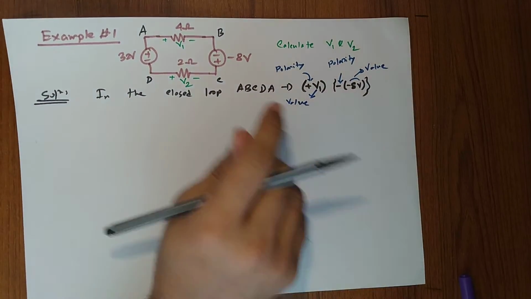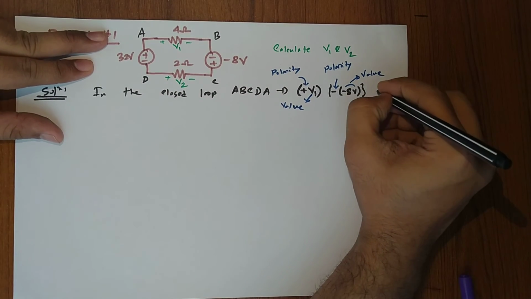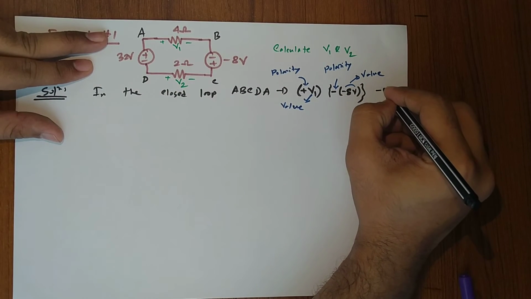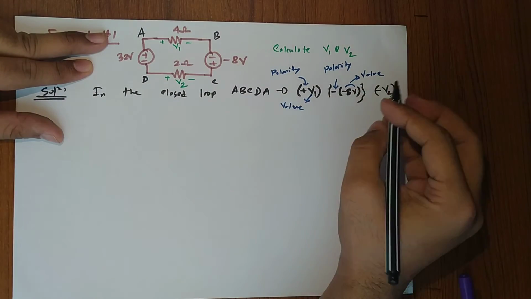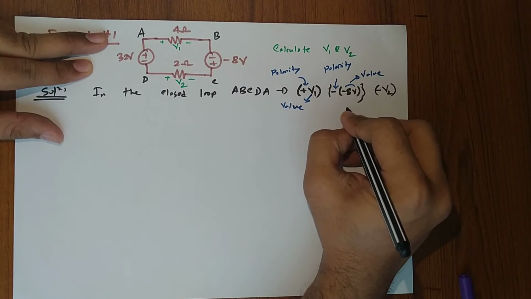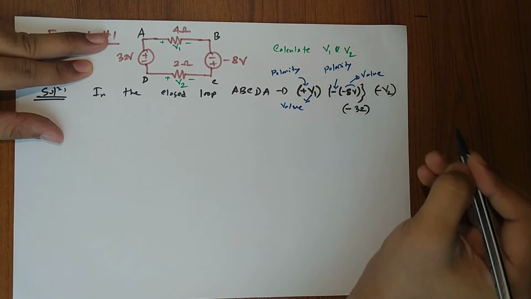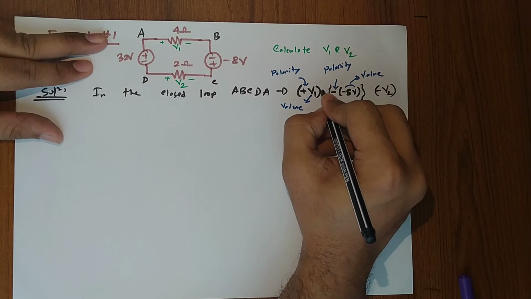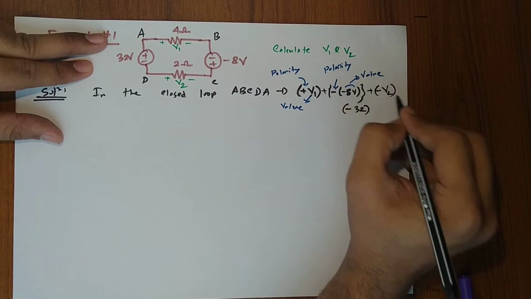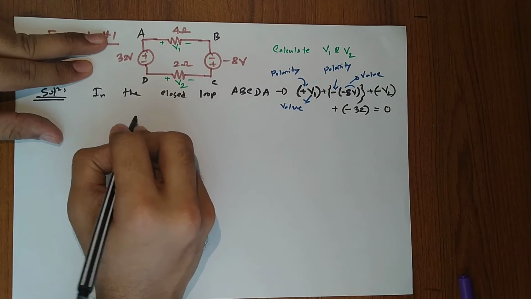Now, we are entering the negative terminal of V2. So this would be minus of V2 and this would be minus of 32. Now, you have to add these sources. The algebraic sum means positive, positive, positive, and the algebraic sum has to be 0.